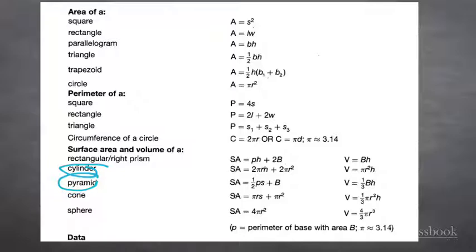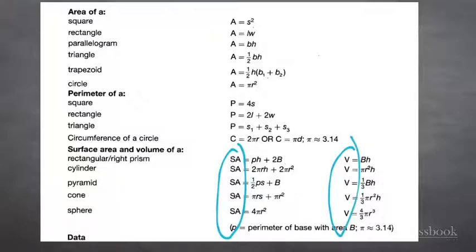This is all that you need. This is the surface area section. This is the volume section. You see that? So it's quite simple. When they give you a shape, you go find the shape, and then if they ask what the surface area is, you use the surface area formula.